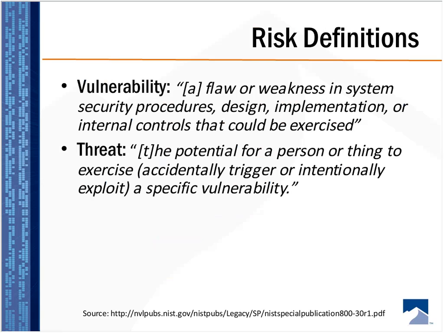Threats. Typically we think of threats as people, bad guys, but they can also be things. The definition here from NIST is that threats are the potential for a person or thing to exercise a specific vulnerability. And whether by accident or on purpose, the threat triggers or exploits a vulnerability.